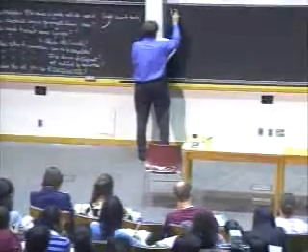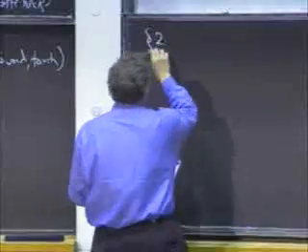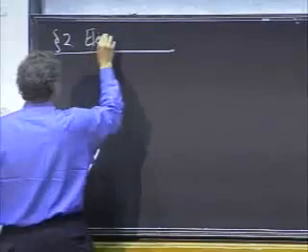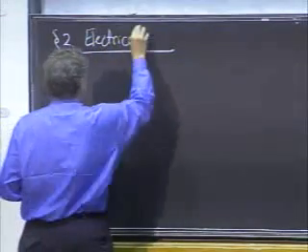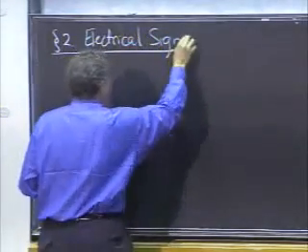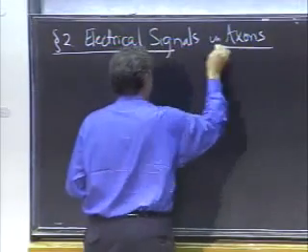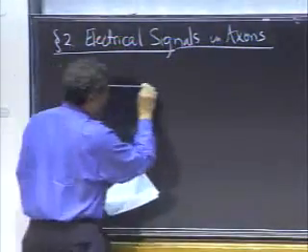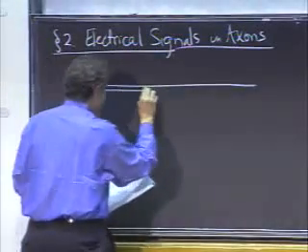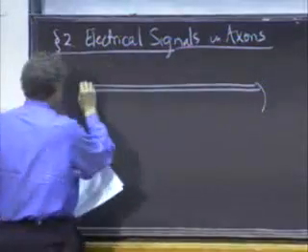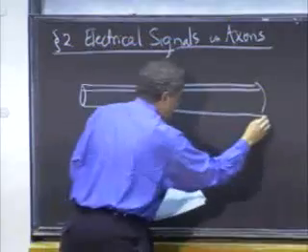so let's now dive into the specifics. So, electrical signals in axons. Here is an axon. We're going to give a very close-up view. Here's the lipid bilayer. I'm just going to take a cross-sectional view of my axon here.